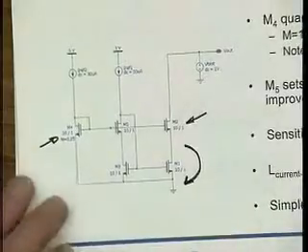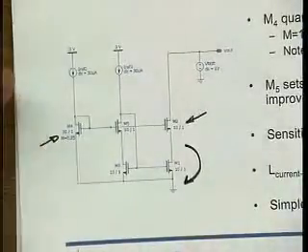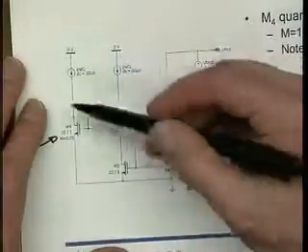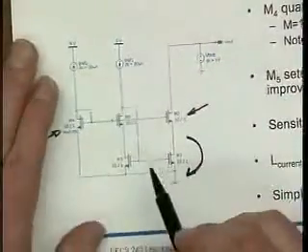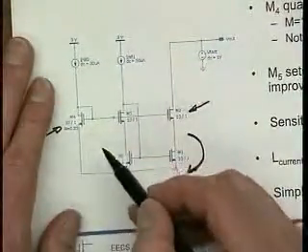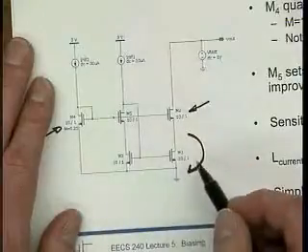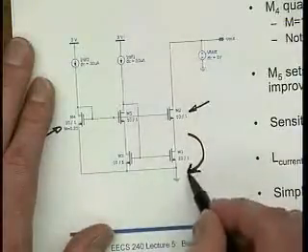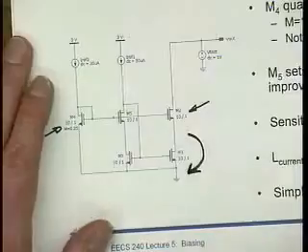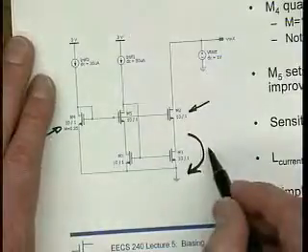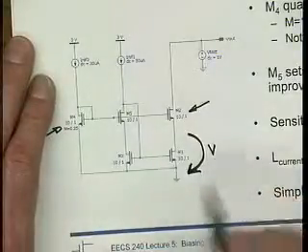Well, now if we run the same current here and the same current here, then the voltage. Let's assume for a moment we were completely in the square law model, and K equals 1.